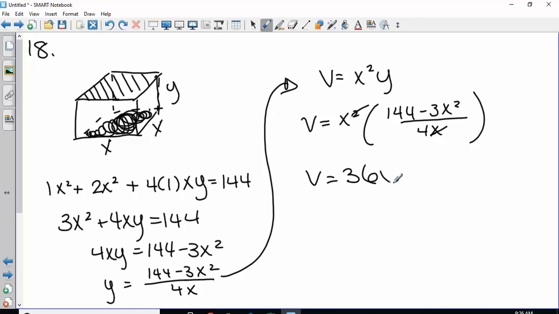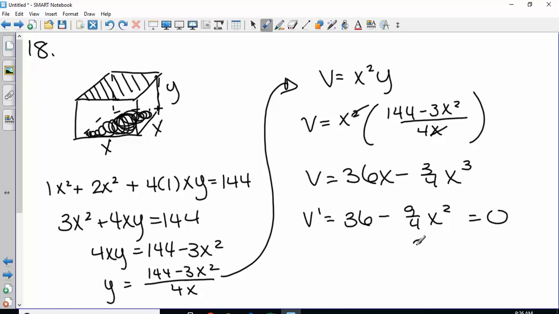Okay, so I could reduce an x. 144 divided by 4, so that would be a 36x minus 3/4 x cubed. That's what I need to maximize. So anytime I ask for a maximum or minimum, we do the derivative. 36 minus 9/4 x squared. And we want that to equal 0.